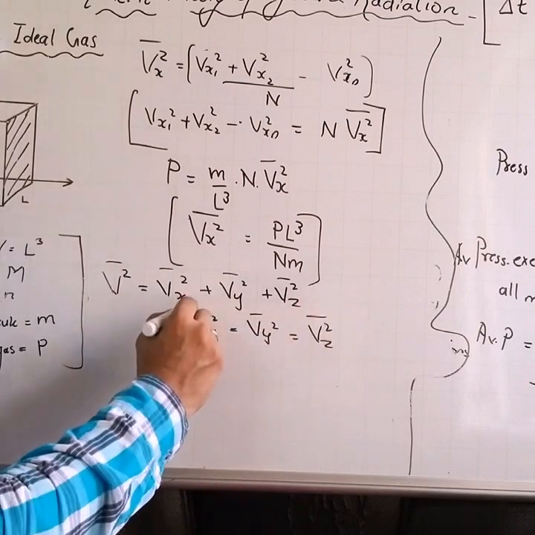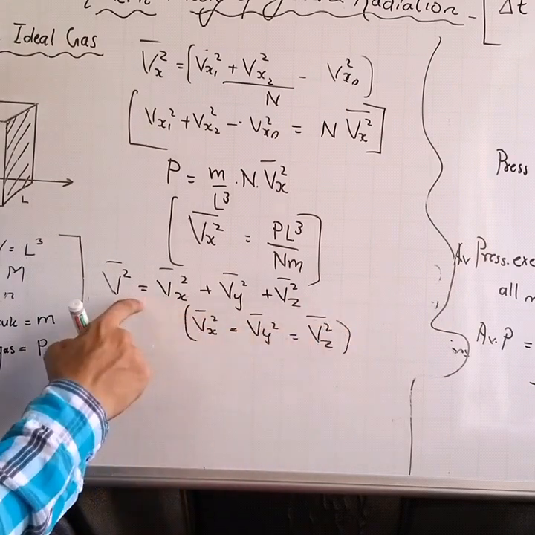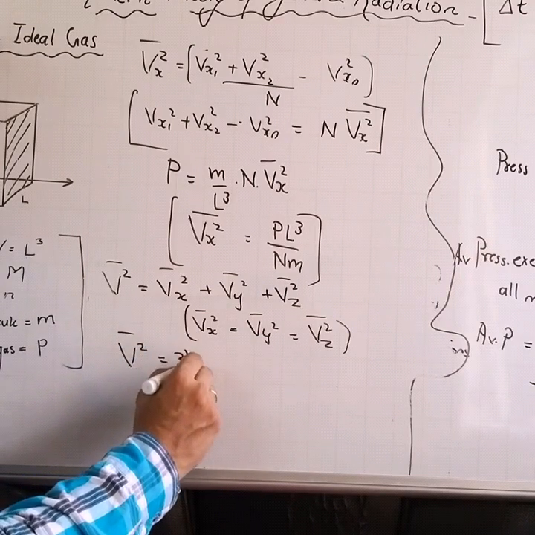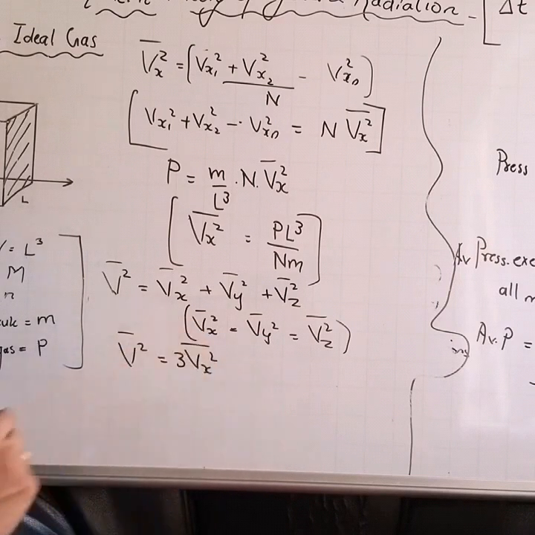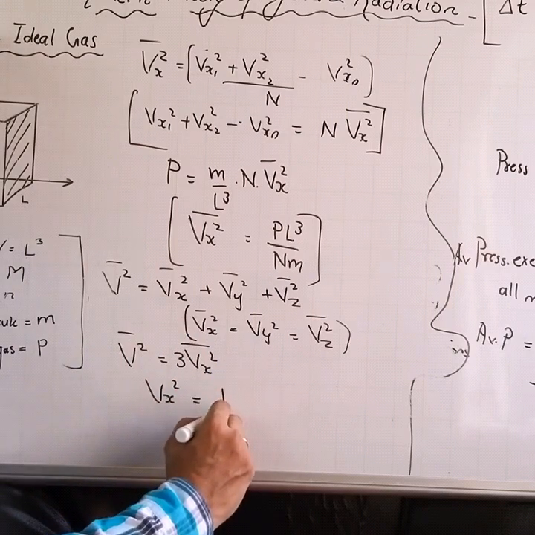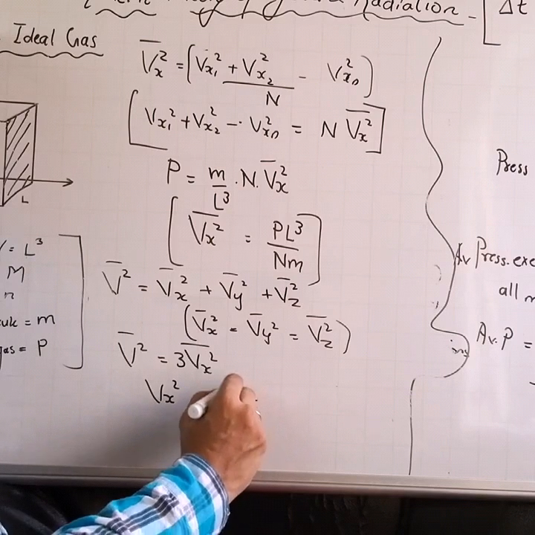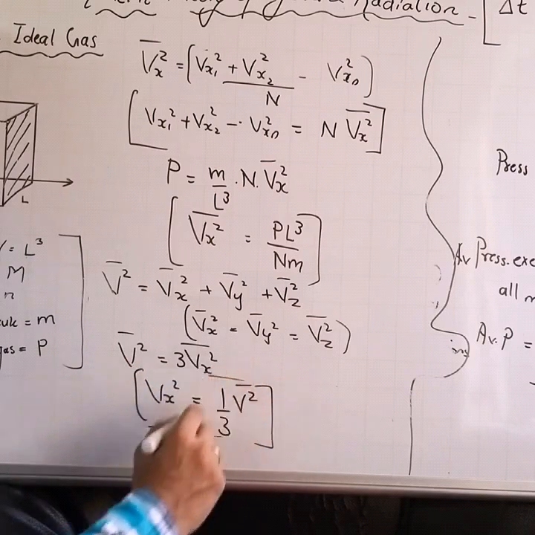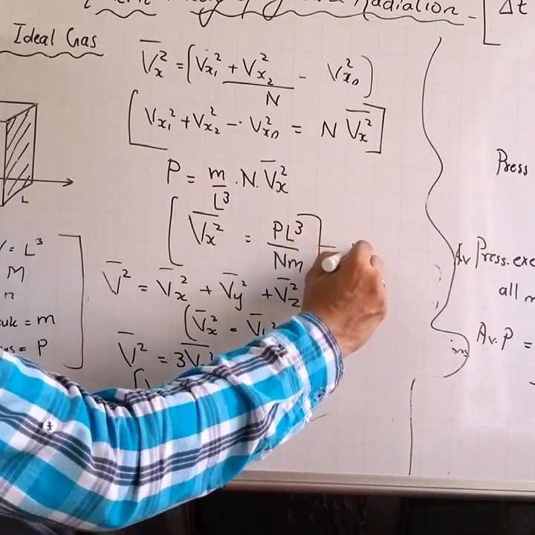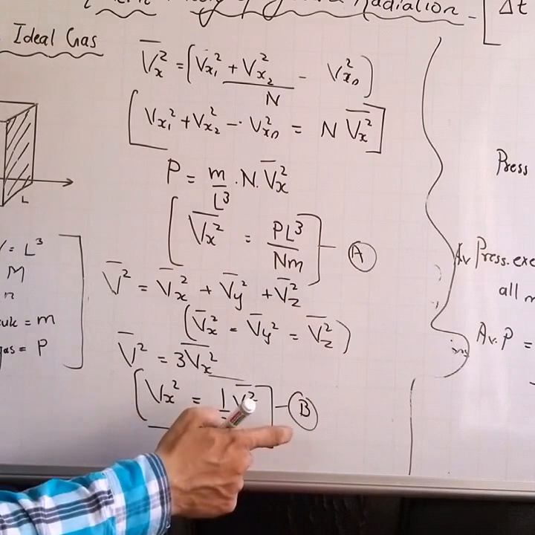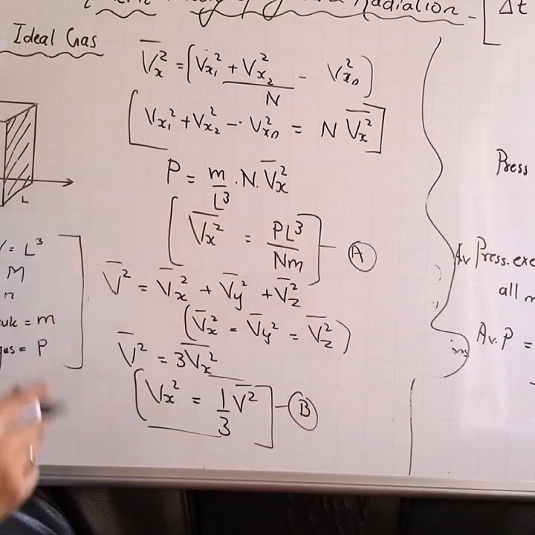Okay, these are equal, and that's why I can write this as V square bar equal to 3 times Vx square bar, or Vx square bar equal to 1 by 3 into V square bar. Do you understand this? This is equation, suppose, A and this is equation B. I substitute the value of B in A.